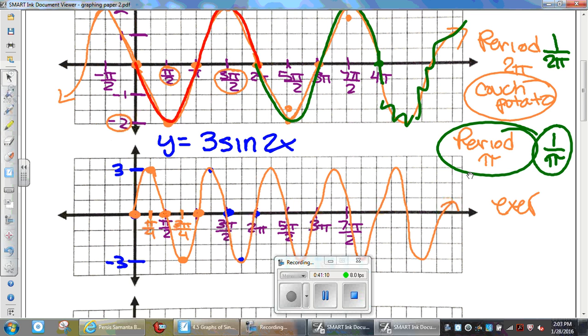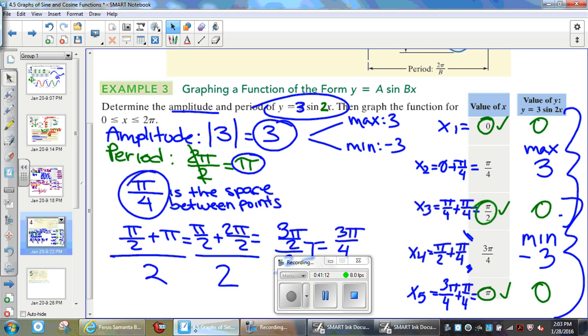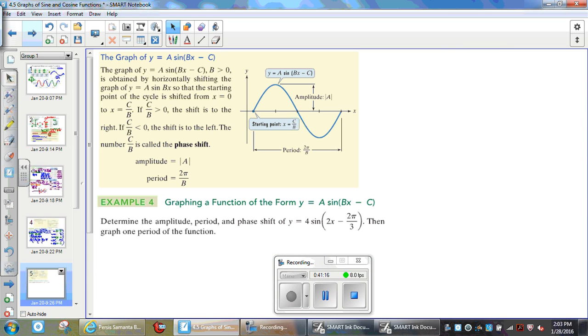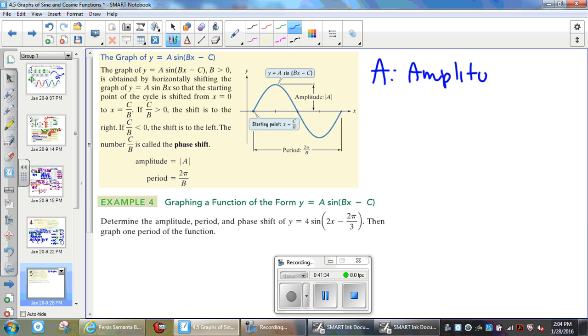Okay, going back to the handout. Okay, now we have a graph that has everything. And let's go ahead and recognize some of the letters here. So the letter A will tell you the amplitude. In this equation, A will be the 4.